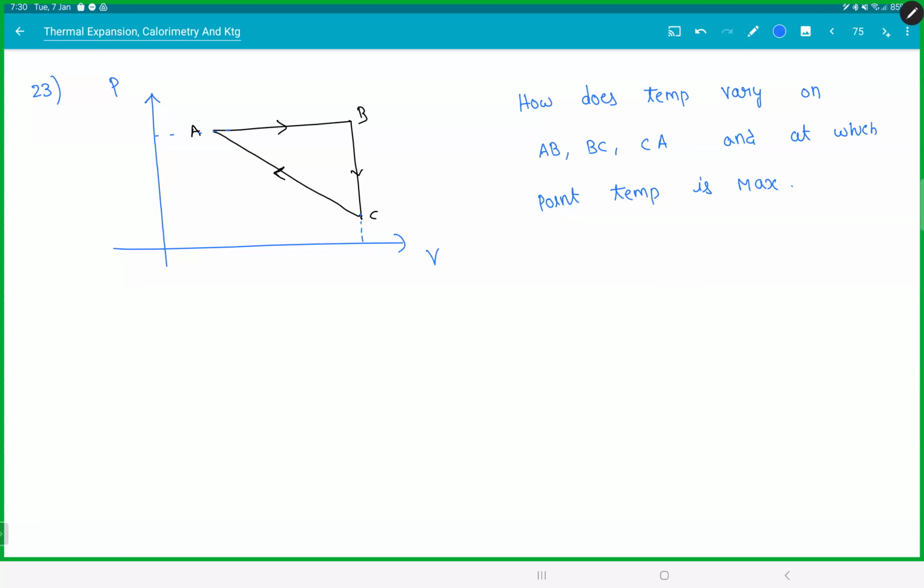AC is the good one here. I think I'll give another minute and then I'll show you. In a PV graph, you're asking about temperature. So how do we even proceed?